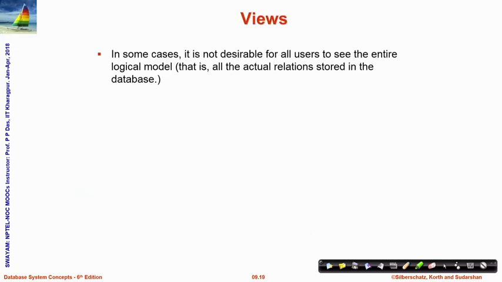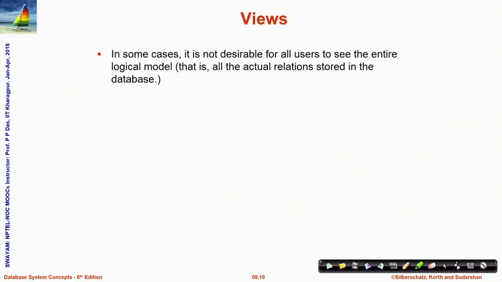Now, we take you to a different concept known as views. We have seen that so far we have been computing certain query results based on one or more relations, one or more instances. Now, in some cases we may want the result to be restrictive based on the user or based on the context in which the result should be used.